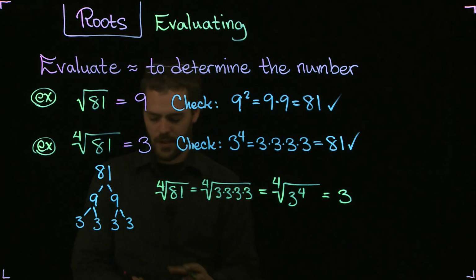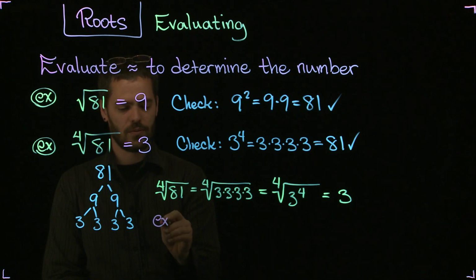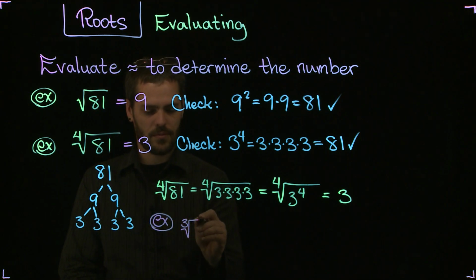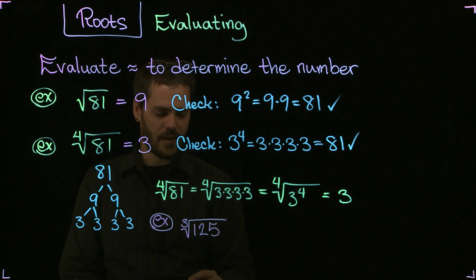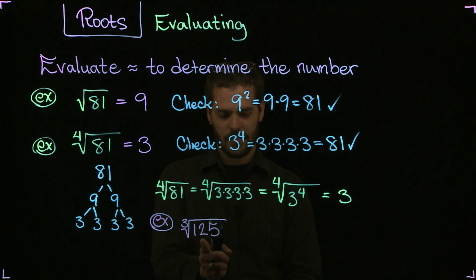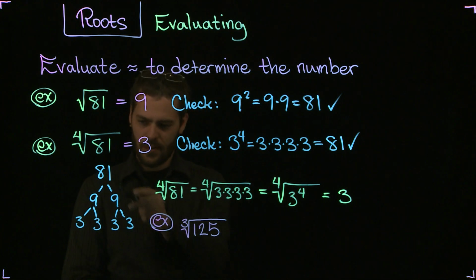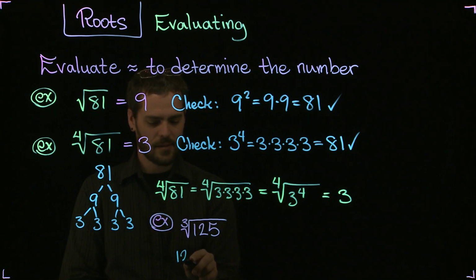For example, just to give another one, suppose we had the cube root of 125. Now, if you looked at the prime factorization of 125, then you don't have to do a little tree. You can do it horizontally too, and I'll do that here.